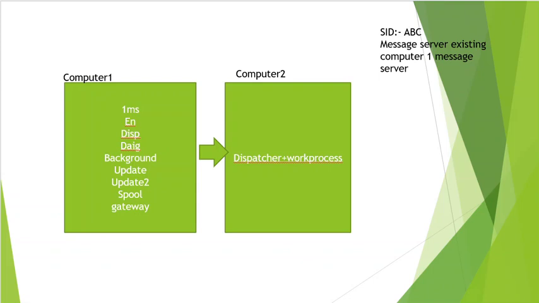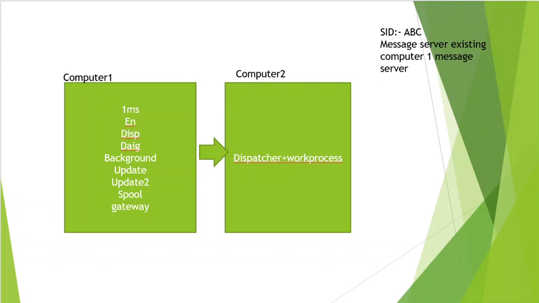But if I want to install ABC as one SAP system and the same name ABC as a different SAP system, it is not possible on the same computer. So on one computer, you can have multiple SAP systems, but not repeated names or SIDs. If you have repeated SIDs, that means you will have two different instances. In the next videos, I will be talking about instances and all.